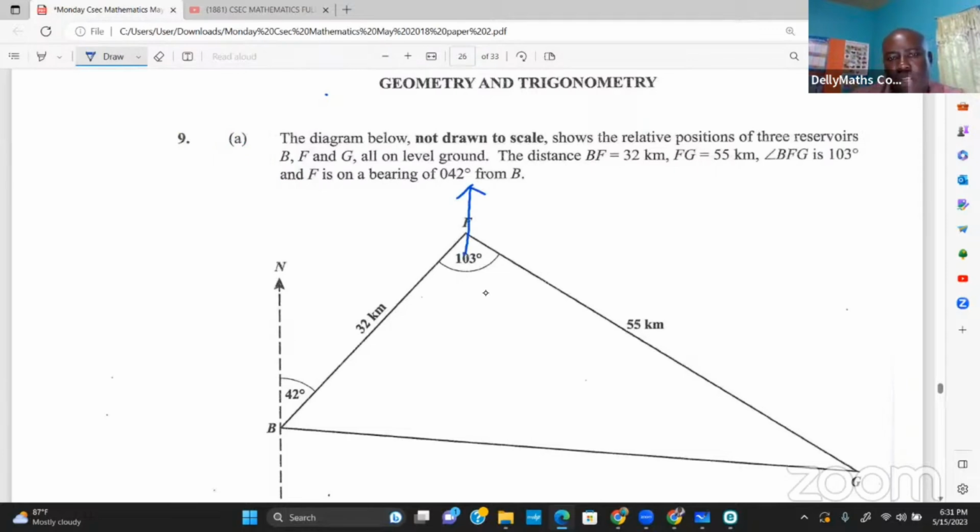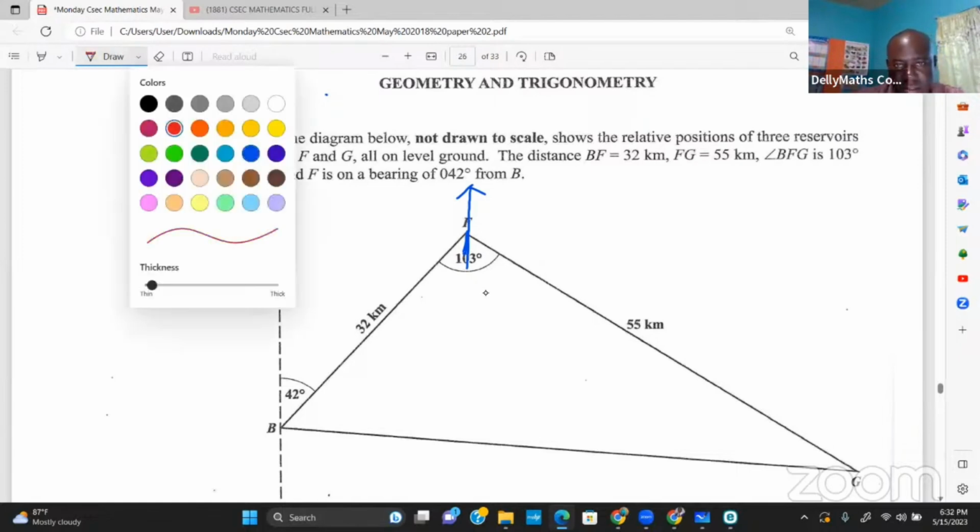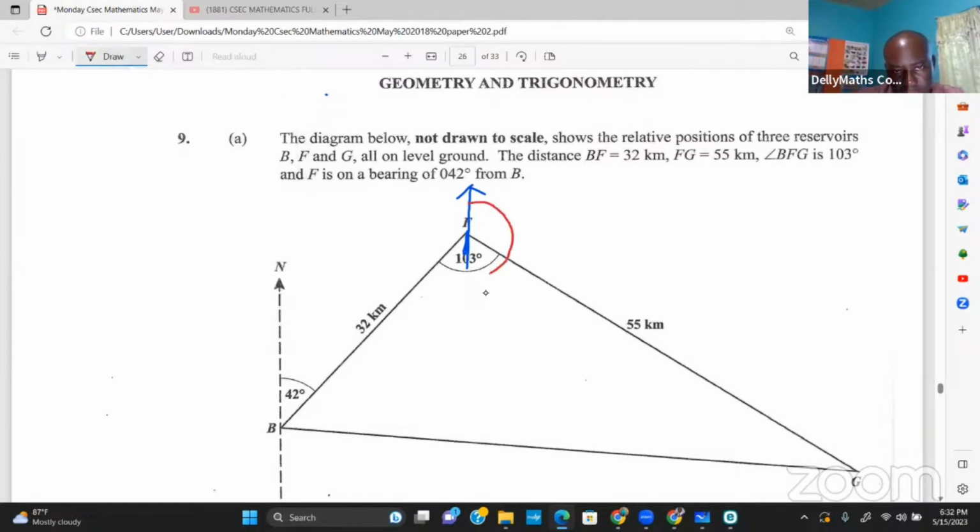Now you want the bearing of B from F. In other words, you want all of this. What you want is all of that angle.